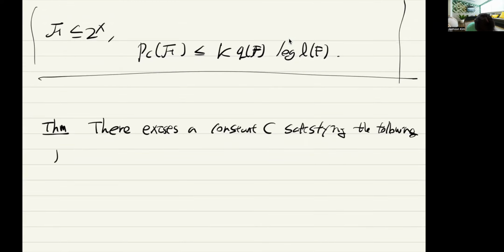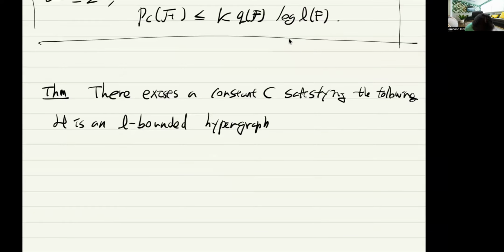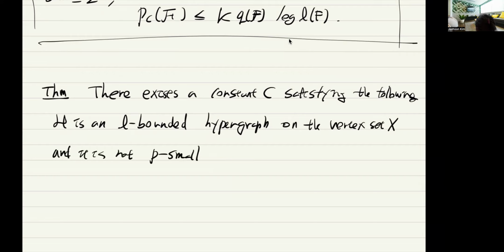So let's say your H is an L-bounded hypergraph, on the vertex set X, and it is not P-small. So it does not have a good cover, P-small cover.